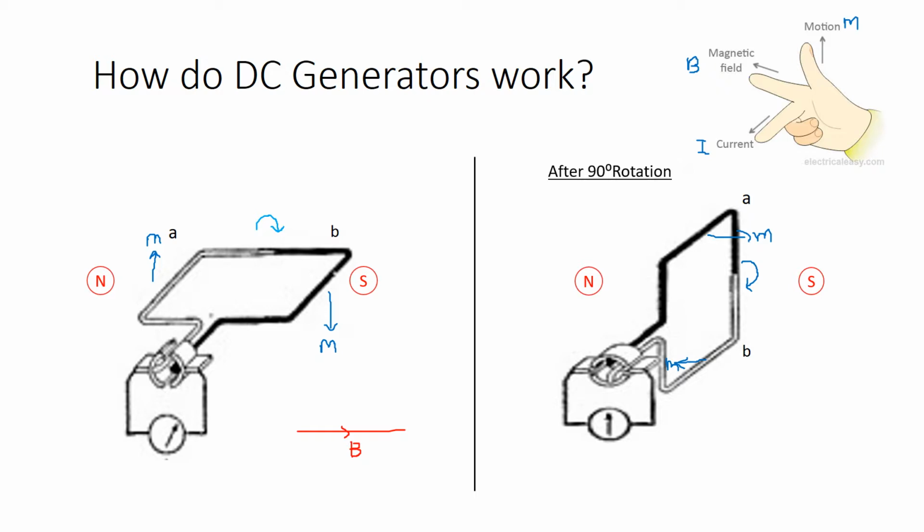However, this does not produce induced current because the direction of motion is parallel to the direction of B field. Hence, there is no cutting of magnetic field lines, which does not produce induced current. So the coil would continue to rotate in clockwise direction to produce induced current because it's a generator.